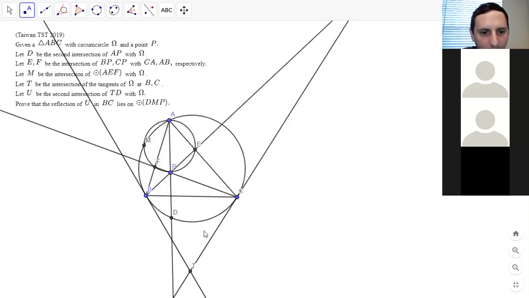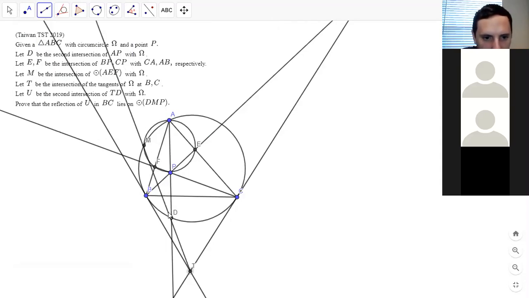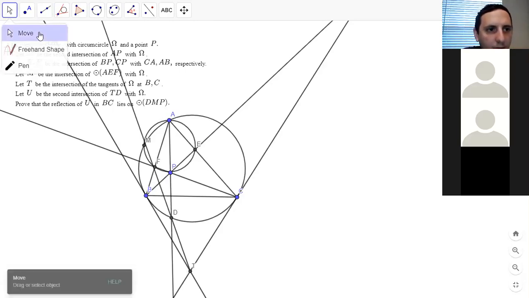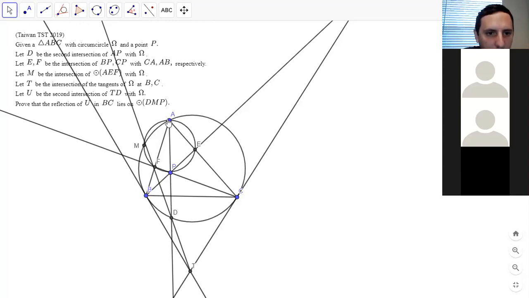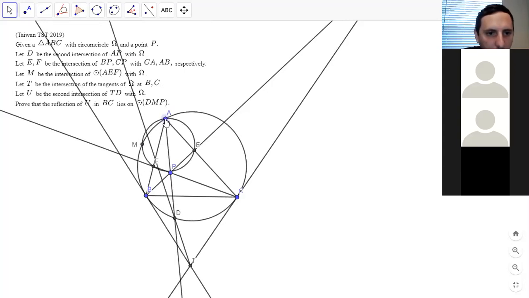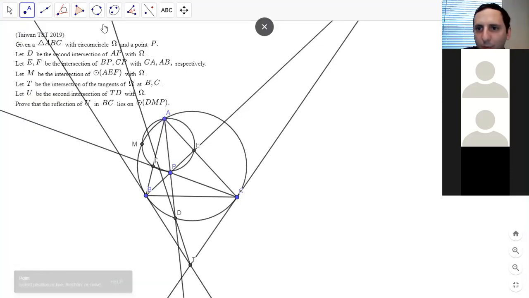And U is the second intersection of TD with the circle. Interesting. We want to show the reflection of U over BC lies on the circumcircle of DMP. So let me make this look a little farther from M, something like that. So this is point U.